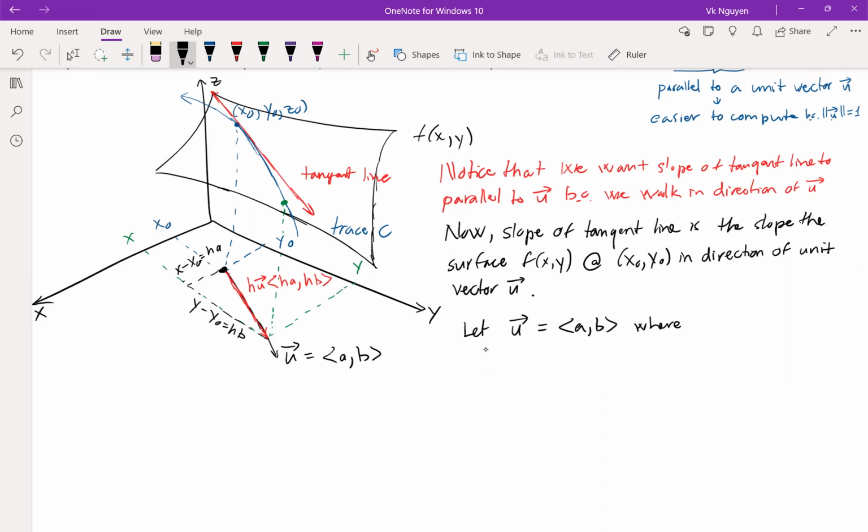Where the magnitude of u is equal to 1, so make sure it's the unit vector.